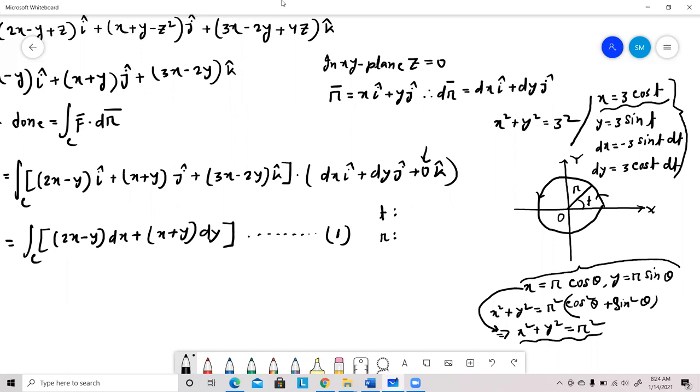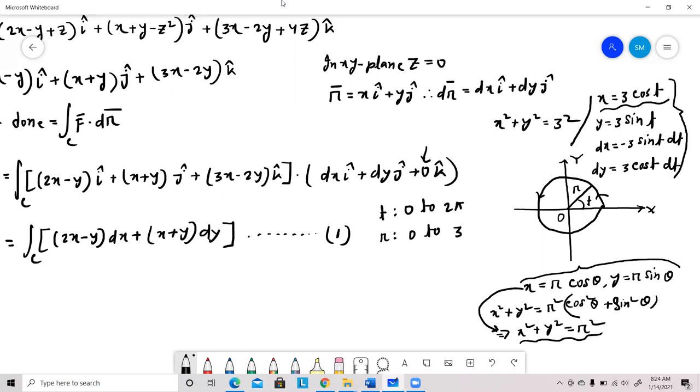Here t is the angle which varies from 0 to twice pi. We start from 0, rotate and come back to the same position, that means 0 to twice pi. And r is from 0 to 3. Good.